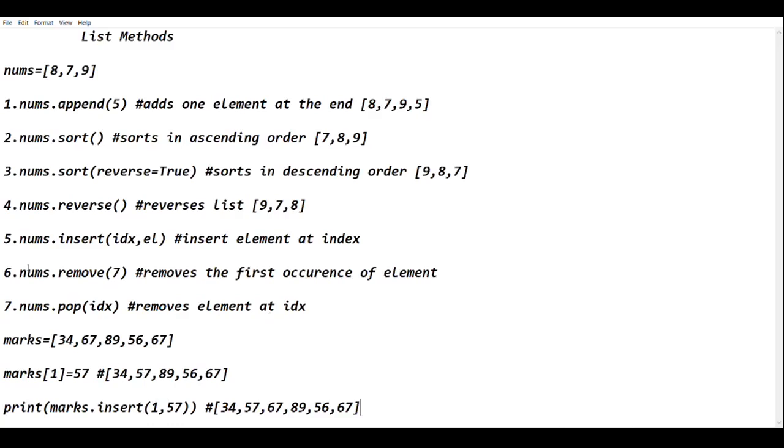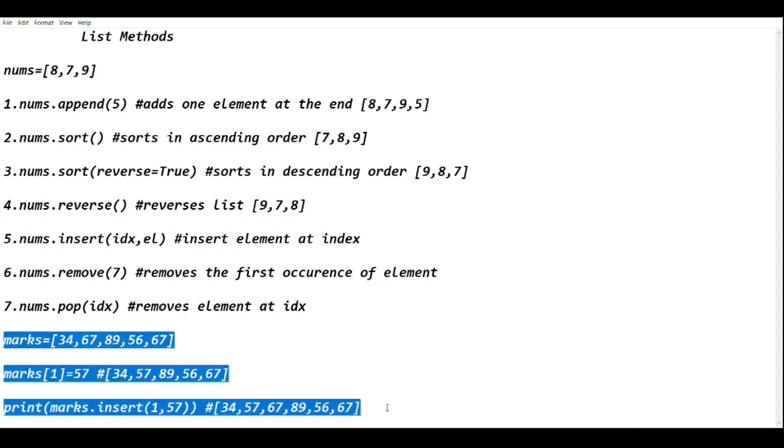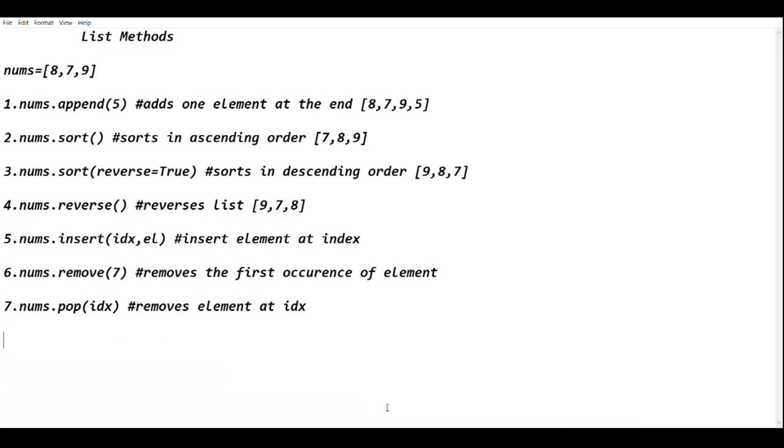So number 6 method is the remove method. Suppose, once again, suppose this is my list, and the syntax of the remove method is list name dot remove, and inside the parenthesis the element which I want to remove, the 7th element we want to remove.